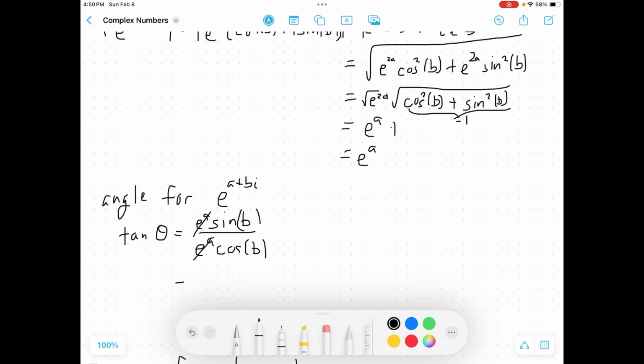These cancel. We've got a sine over cosine here. That's another tangent. So tangent of theta and tangent of b are identical.